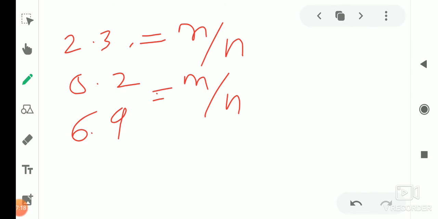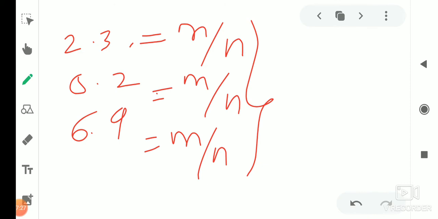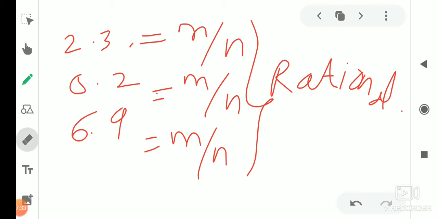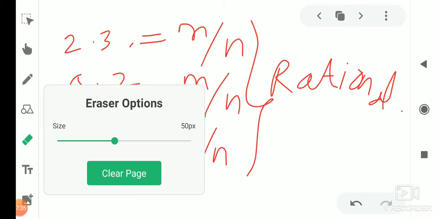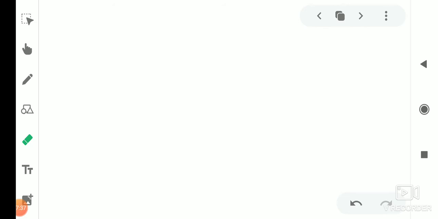Every decimal number can be written in the form of m by n. Means every decimal number is a rational number. Okay, now what about integers? Let's take one integer 2.